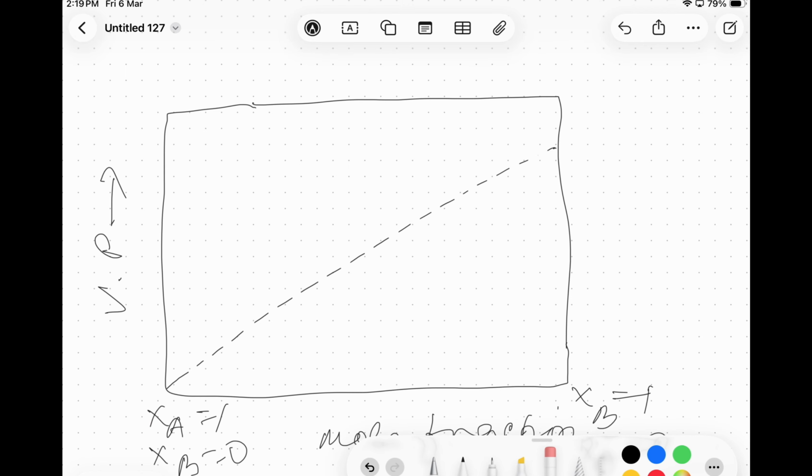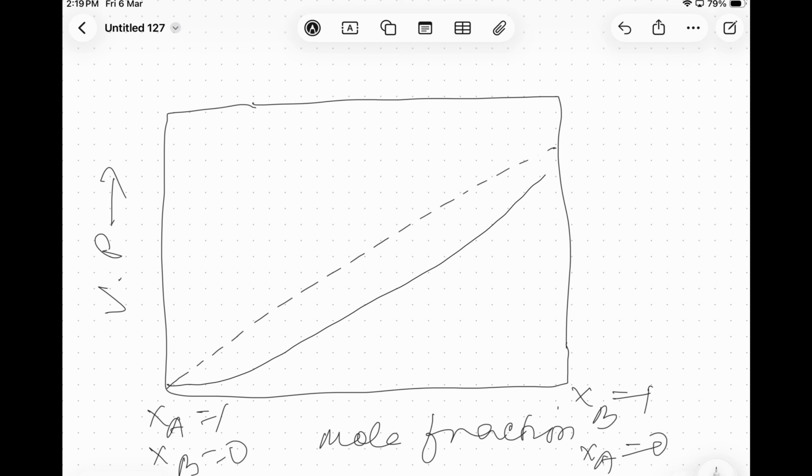And what should be the actual graph? The actual graph should be lower than the expected. Similarly, for A, it should be maximum here and it should decrease, but the actual graph should be like this.